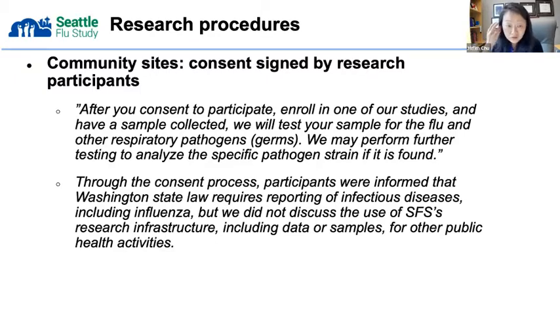We argued, of course, that when you write a statement, we will test your sample for flu and other respiratory pathogens, and we may perform further testing, and that the overall goal of the study is a pandemic surveillance platform, that encompassed testing for pathogens that hadn't yet been discovered, that we couldn't explicitly write into the consent form.